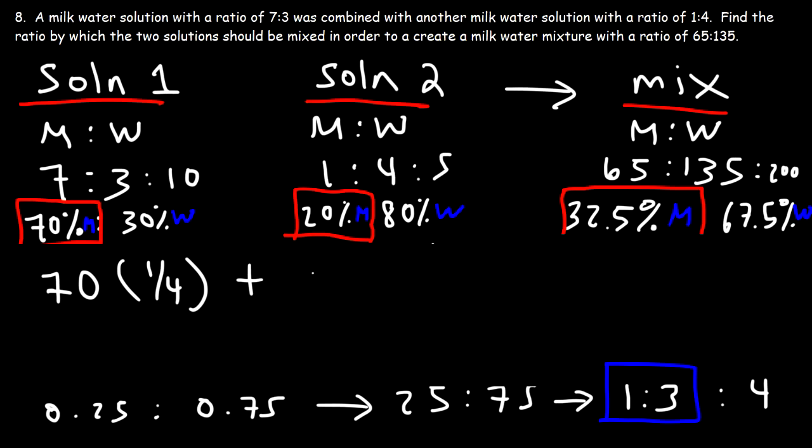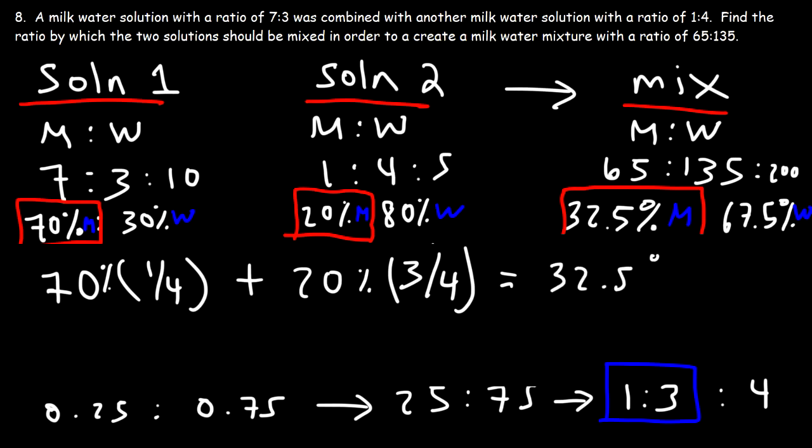And then the concentration of milk in the second solution is 20% times the quantity of solution 2, which is 3 parts out of a whole of 4. So 1/4 of the mixture consists of solution 1, and 3/4 of the mixture consists of solution 2. So if you type this in, 70 times 1/4 plus 20 times 3/4, that will give us the concentration of the milk, which is 32.5%.